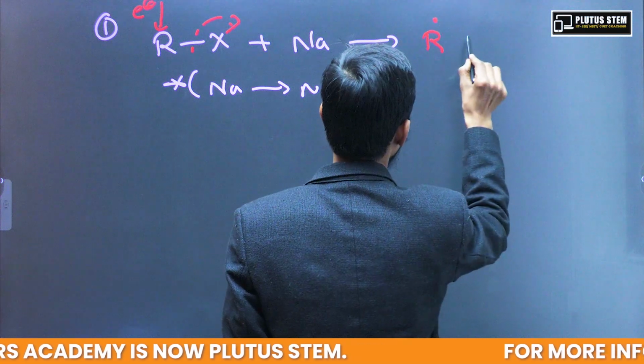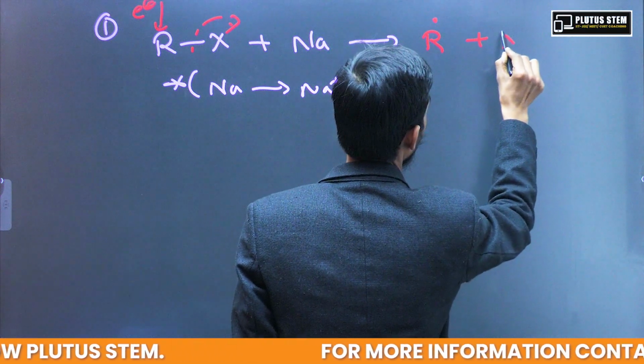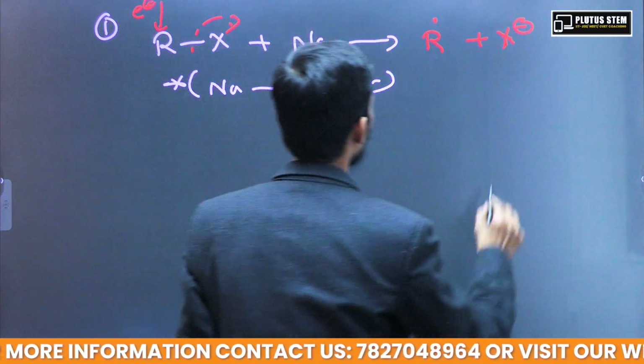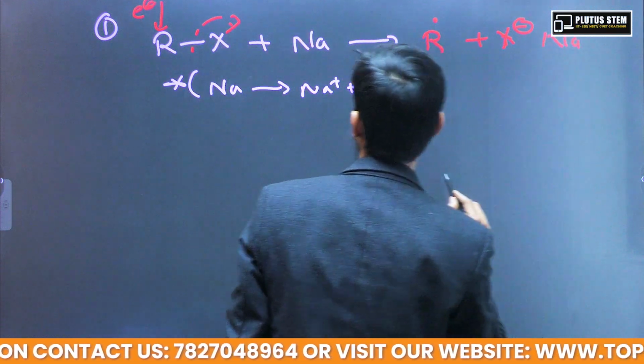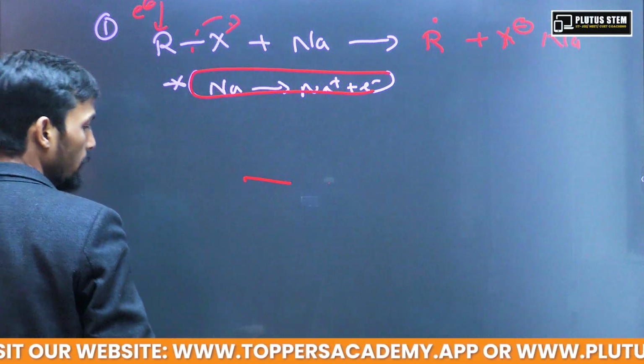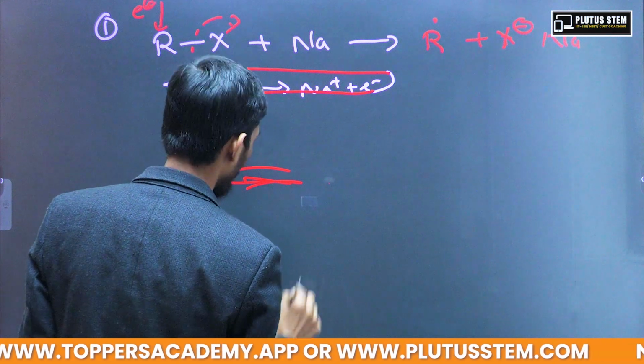So we will get an R free radical plus X negative, and we are having Na positive. So in the first step, we are getting an R free radical.